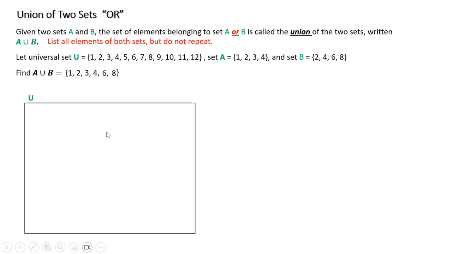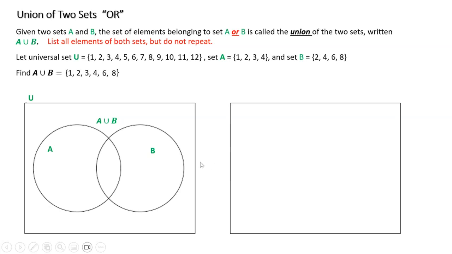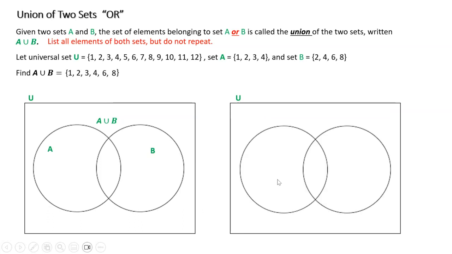Okay, now here's how you do it in the Venn diagram. That's U. This is A. That's B. And together, this is A union B. All this together here, that's A union B. Now, I think this will make more sense once we do it by listing the elements, inside the sets and also in the universal set.